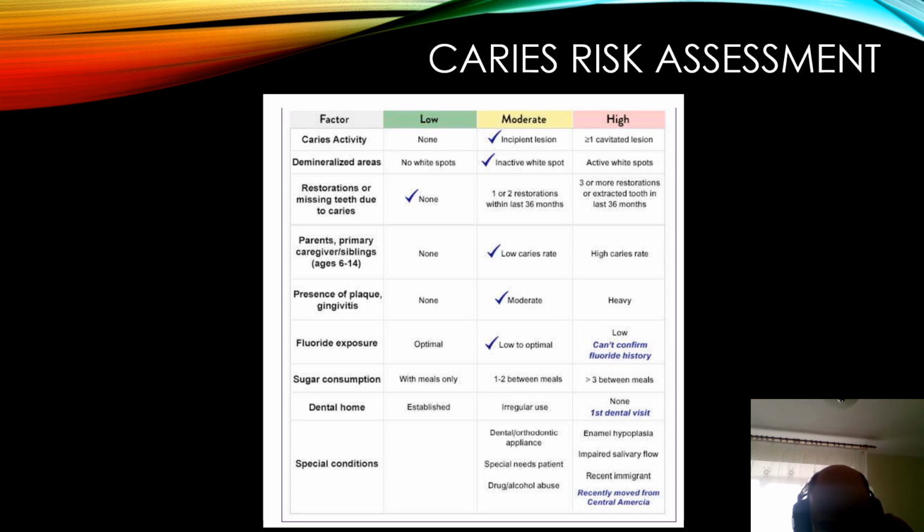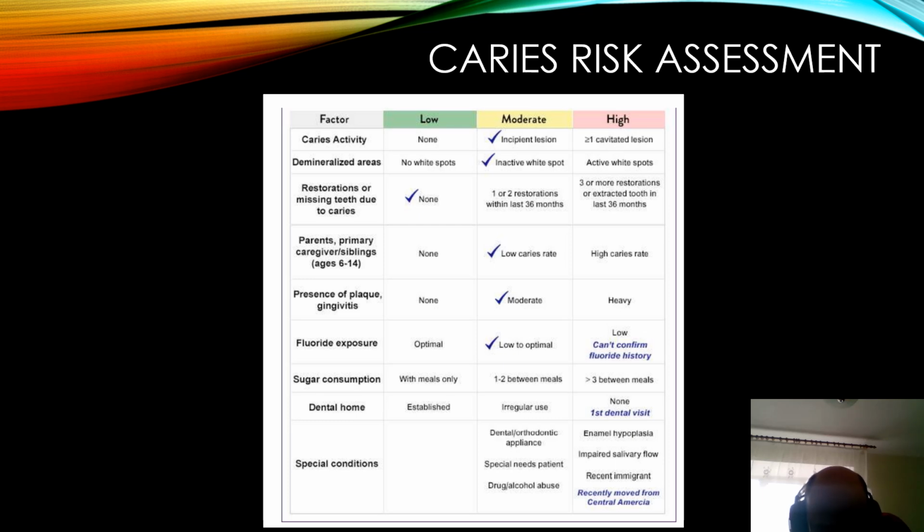As factors, they are shown caries activity, demineralized areas. For example, no white spots means low caries risk. Inactive white spot, moderate caries risk, and active white spots, high caries risk.